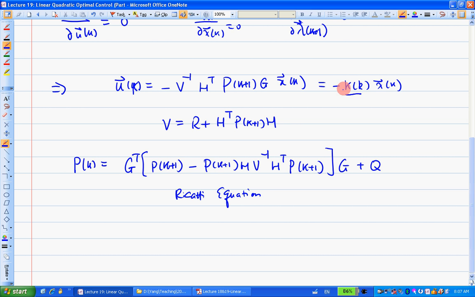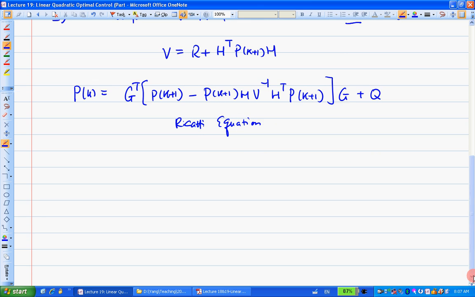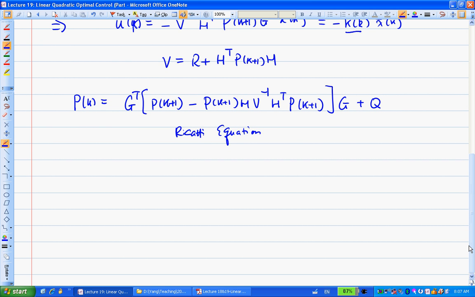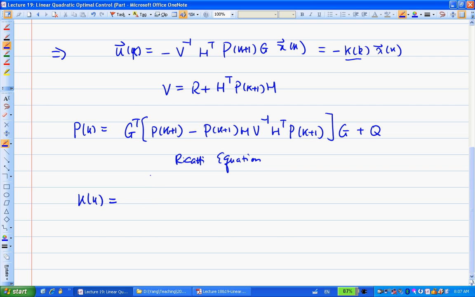And here, this K is defined through minimizing the cost function. So you find the same kind of K matrix, just through a different approach. If I write the K separately here, this is the K.